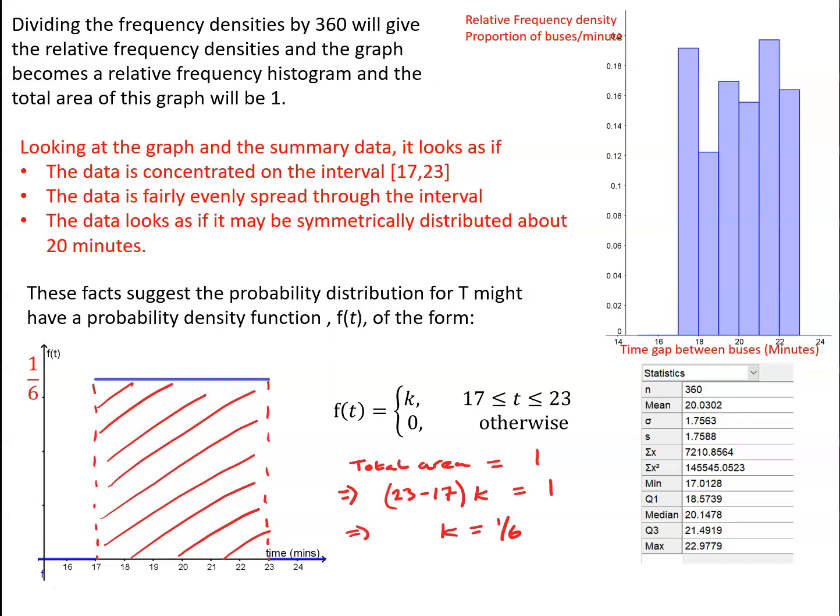So we now have a possible probability density function for our random variable T. If this is the case, then we say that T has the continuous uniform distribution on the interval from 17 to 23.